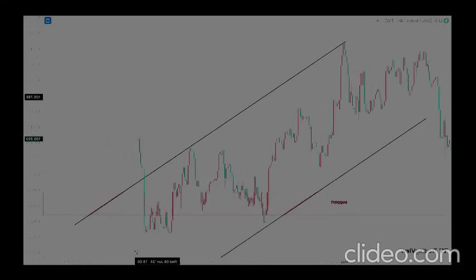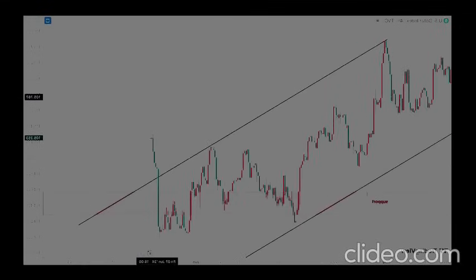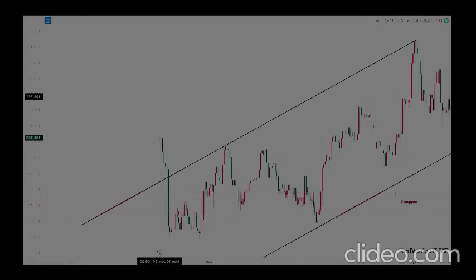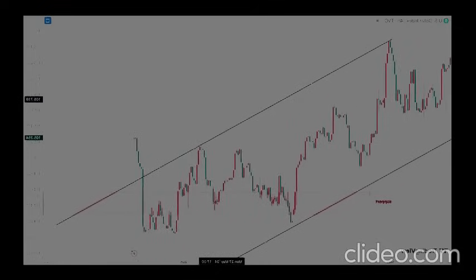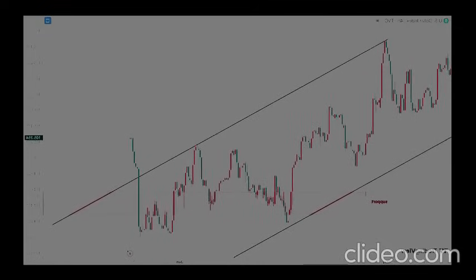So my big expectation is this trend line has formed with all the rules of drawing this trend line.